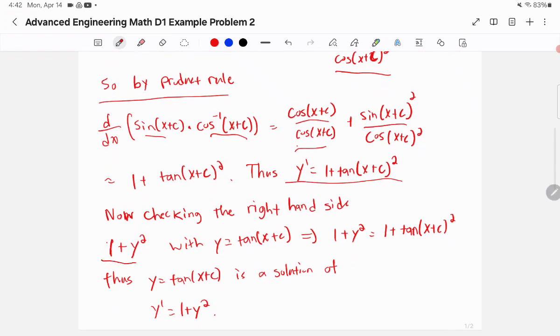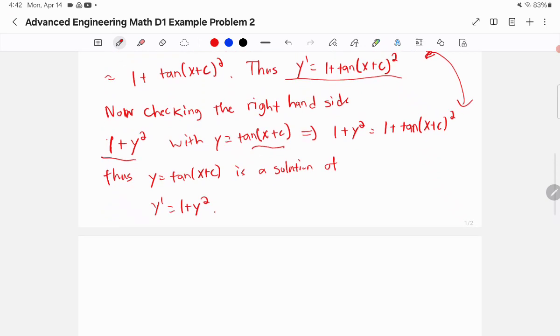Well, the right-hand side was 1 plus y squared, and we had y equal to tan of x plus c, so that means that 1 plus y squared is 1 plus tan of x plus c squared, which is exactly the same as what we found here for y prime. So my right-hand side and left-hand side are equal, therefore it is a solution. y equal to tan of x plus c is a solution to y prime equal to 1 plus y squared.